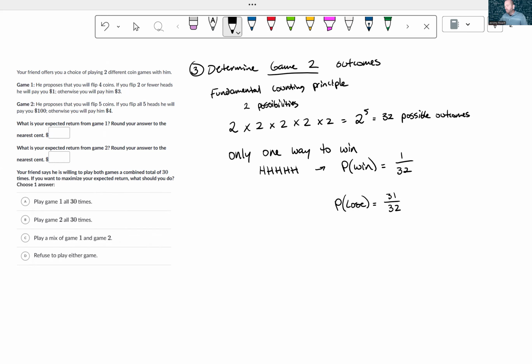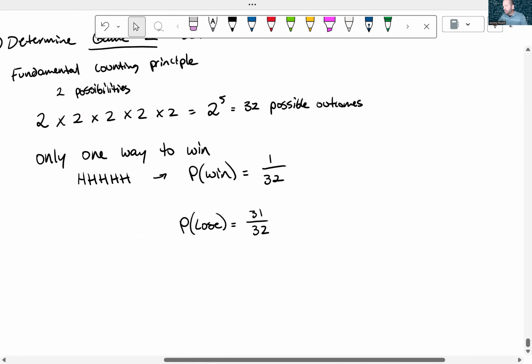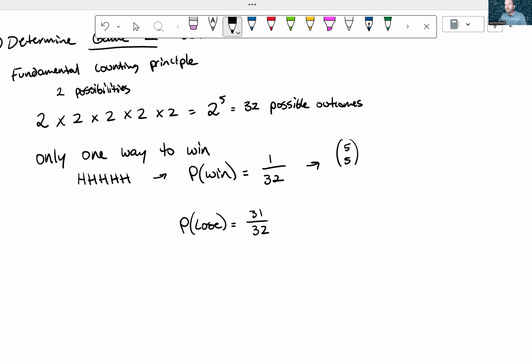And just to do maybe a quick proof with the combinations, let's take a look at how we get these, just to make sure that it lines up with our rule that we learned about for combinations. So if we win, we would say we have 5 coins and we get 5 heads, or 5 choose 5 over 32. And that does equal 1 over 32. So let me just put the equal sign there instead of an arrow. So those are equivalent statements.